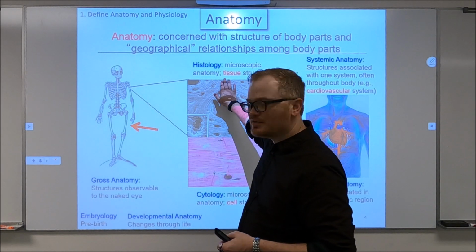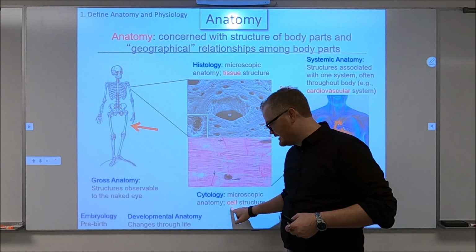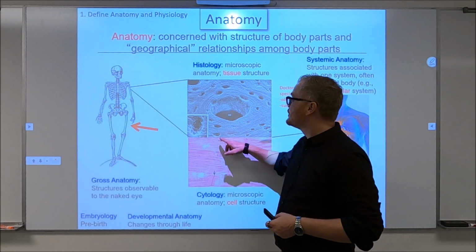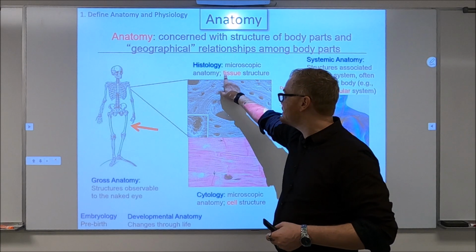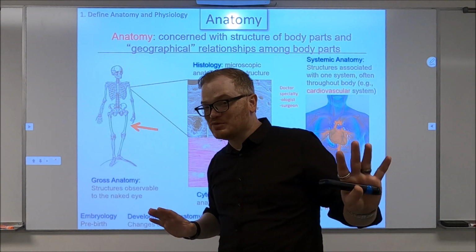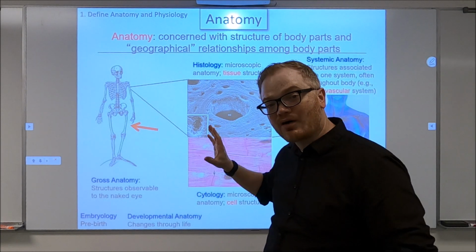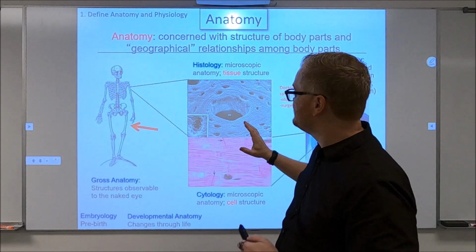We could get smaller and talk histology and cytology. Cytology is the study of individual cells, whereas histology is the study of tissues. And buddy, we could take this way deeper if we so chose, but this is to give you an example of anatomy, the parts and pieces of your body.